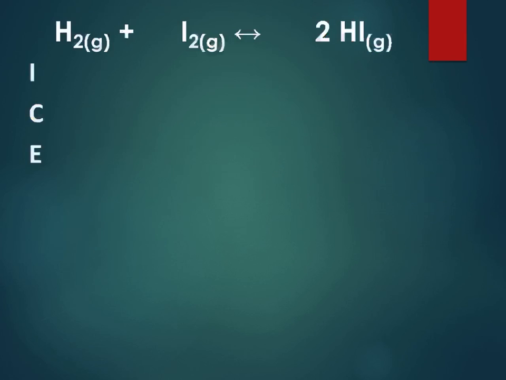Double check that all of the substances are gases or aqueous, which they are here, gas, gas, gas. That's great. We have 2 molar of H2, 2 molar I2, and then it doesn't say anything about the product, which is, like I said in problem number 1, normally the product concentration will be 0.